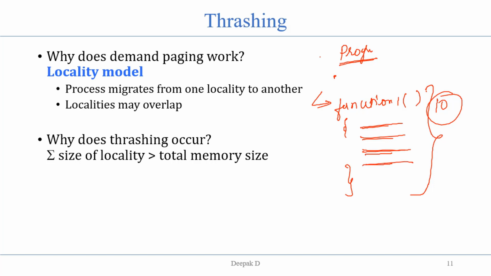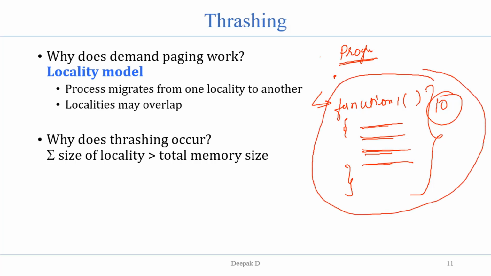The references which are made to these instructions, like memory references to the instructions of a function call, its local variables and some set of global variables, are used for a certain period of time and are active in nature. This is called a locality.